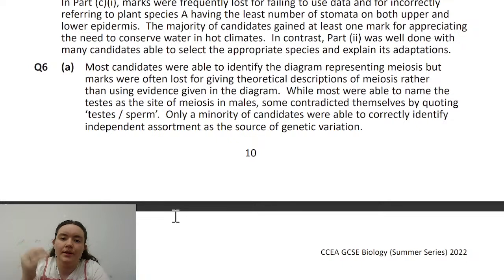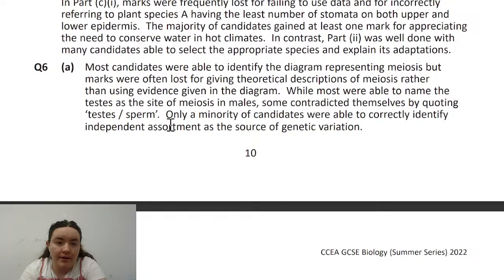So again, this is using what we physically see in the paper rather than things that we inherently know. A lot of the things in more recent GCSE papers have been about interpreting data and interpreting data correctly. This is particularly important for your Unit 3. I know that this is a Unit 2 paper, but in your Unit 3 paper, you will see lots of examples of this.